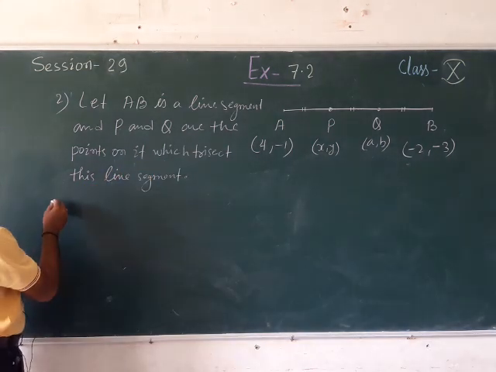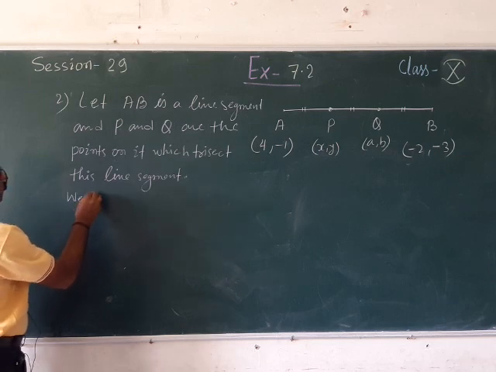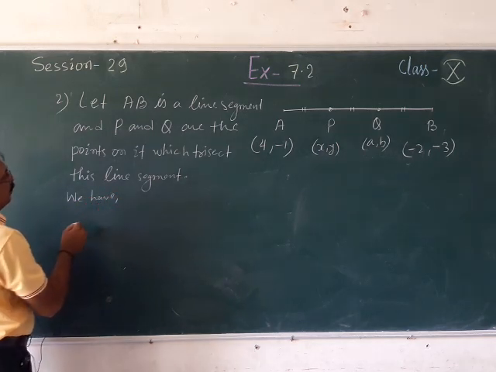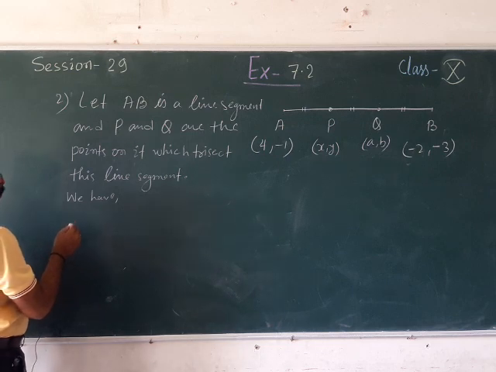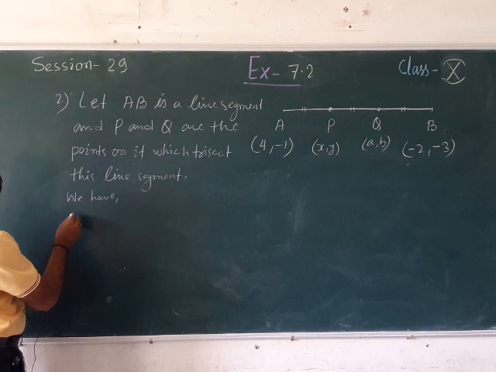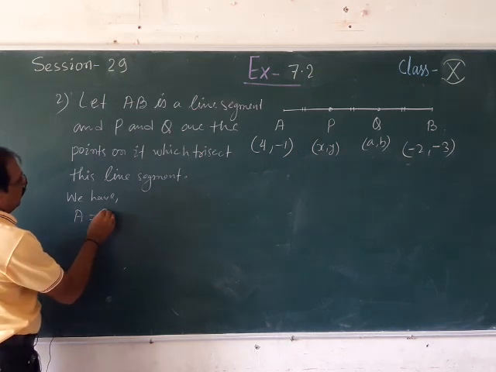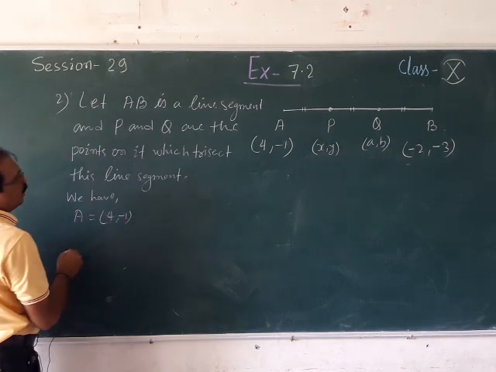Also, now what we are having, the coordinates of the points are given. The coordinate of A is given, that is 4 comma minus 1.